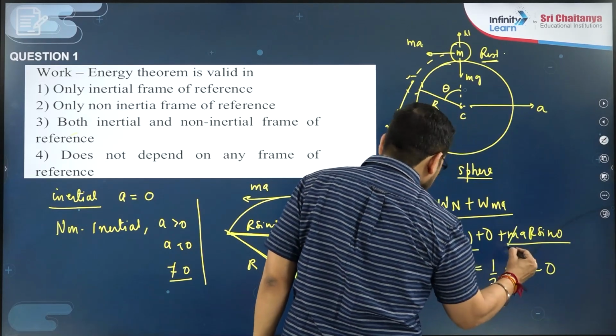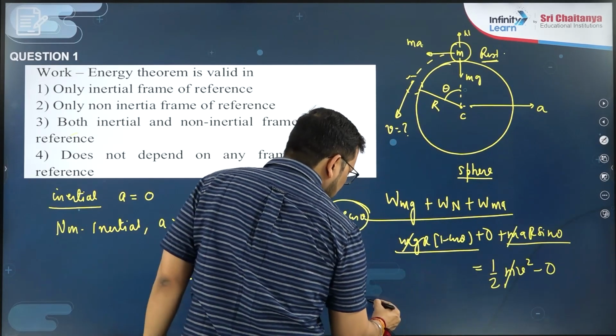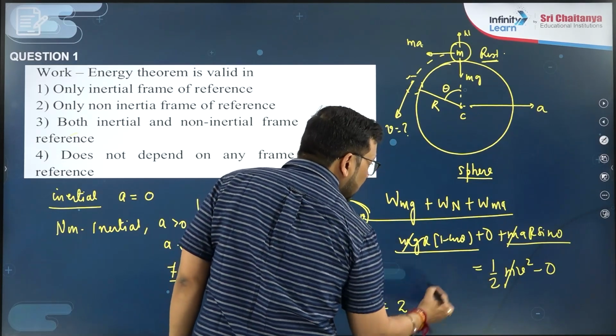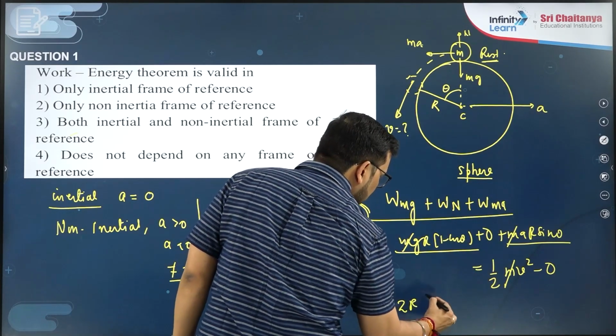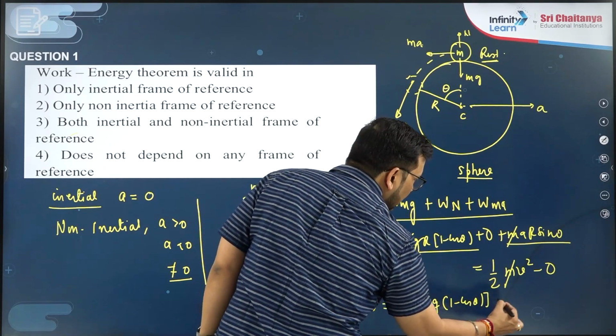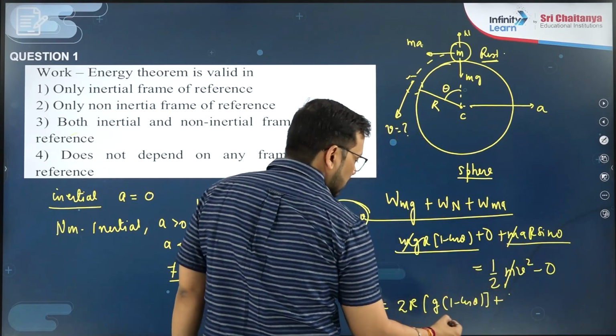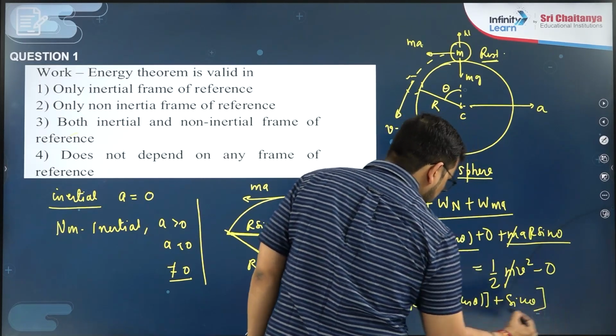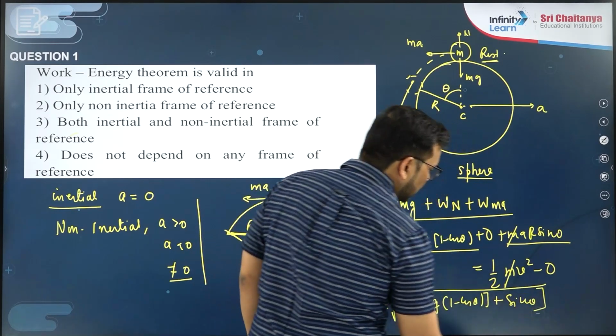I can cancel m, and from here v will be 2 cross multiplied. r is common here, and this is g into (1 minus cos theta) plus a sin theta term, all under root, that will be the value of v.